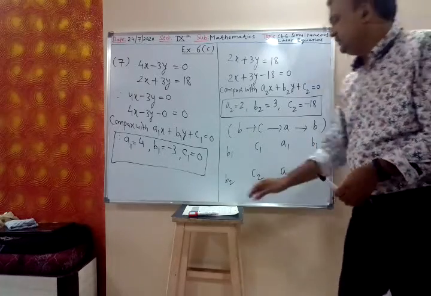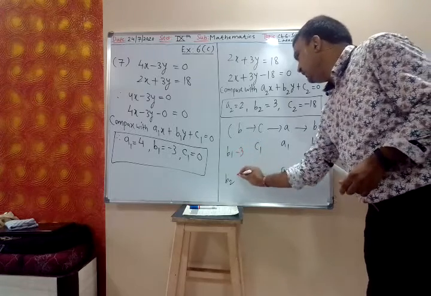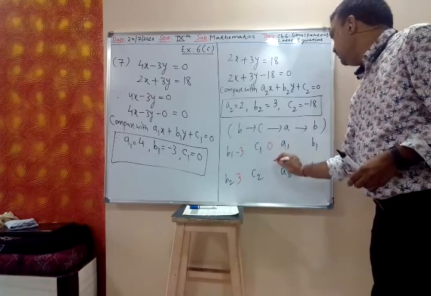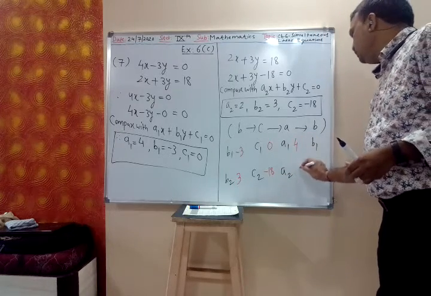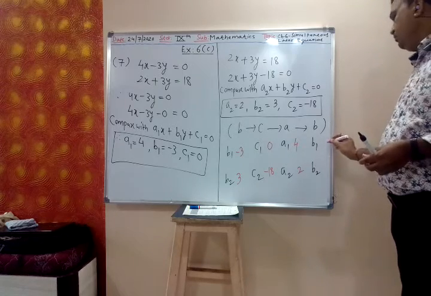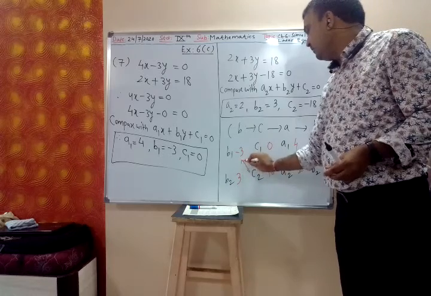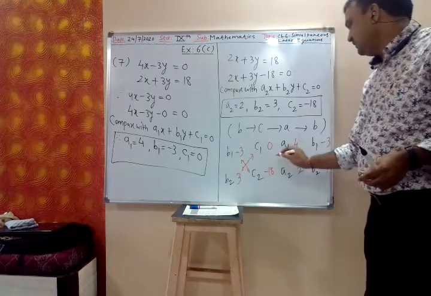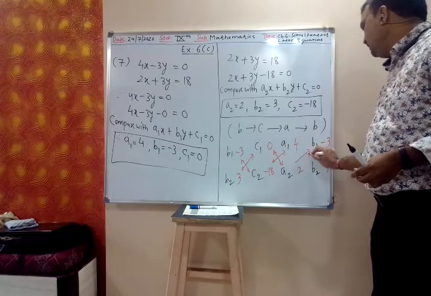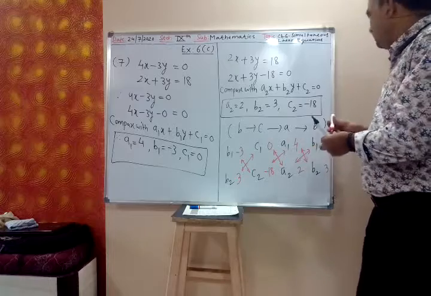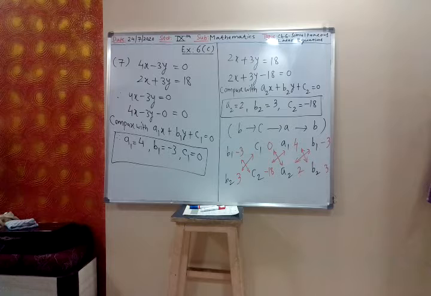Now we write the coefficients: b1 is minus 3, b2 is 3, c1 is 0, c2 is minus 18, a1 is 4, a2 is 2, b1 is minus 3, b2 is 3. Now you have to cross multiply and subtract.